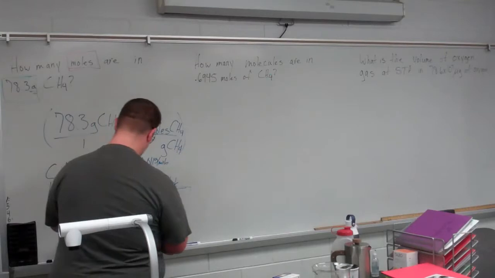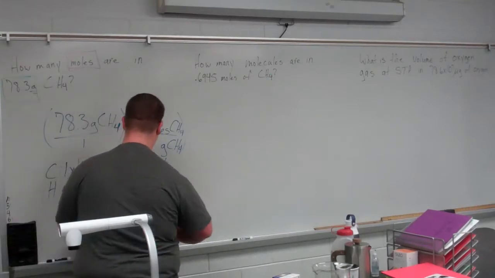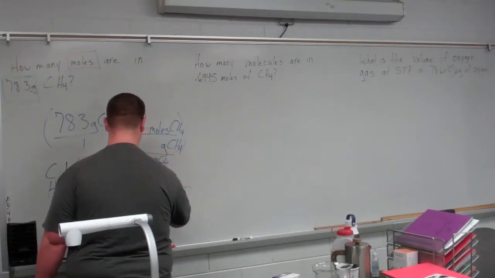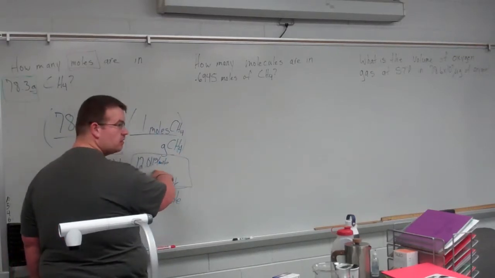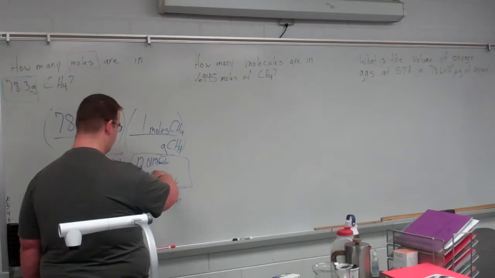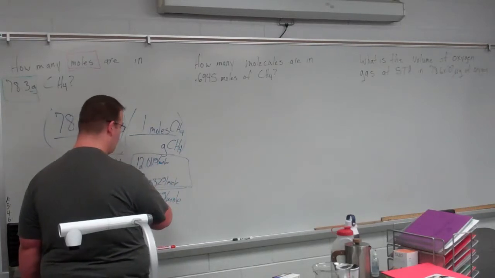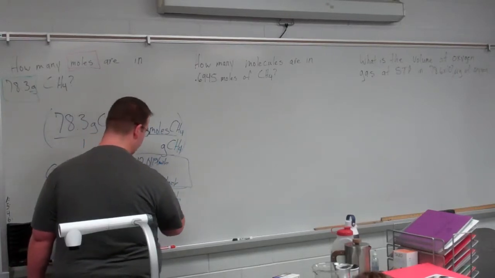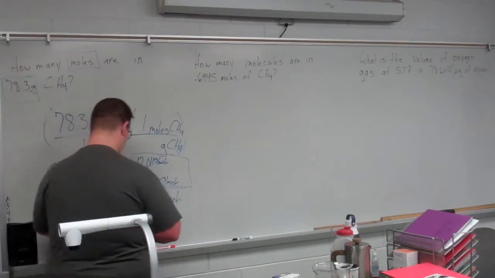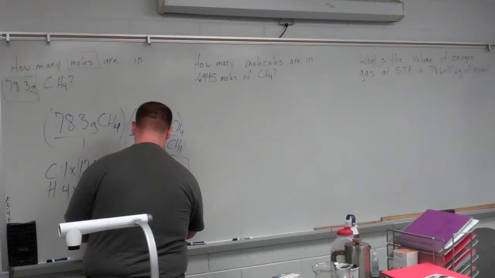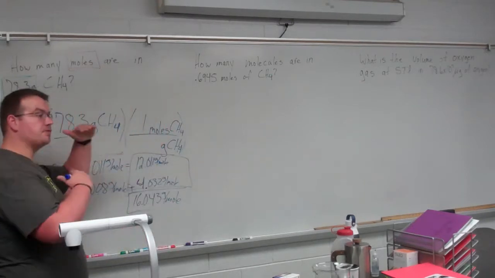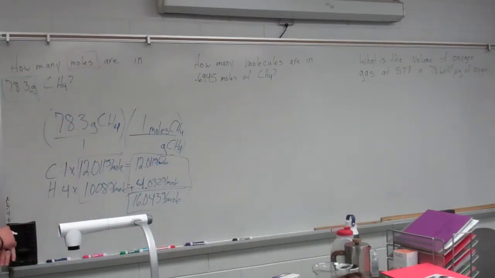So you're talking here? 12.011. And then the bottom one under that is 4.032. Did you say if it's on the bottom we divide, or if it's on the top we multiply? If they're in opposite spots, divide? Yes.